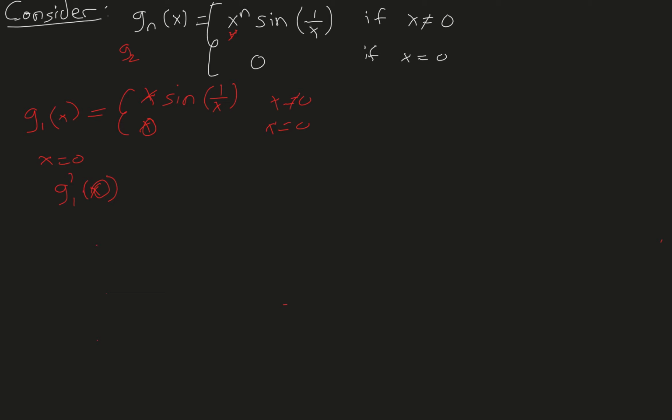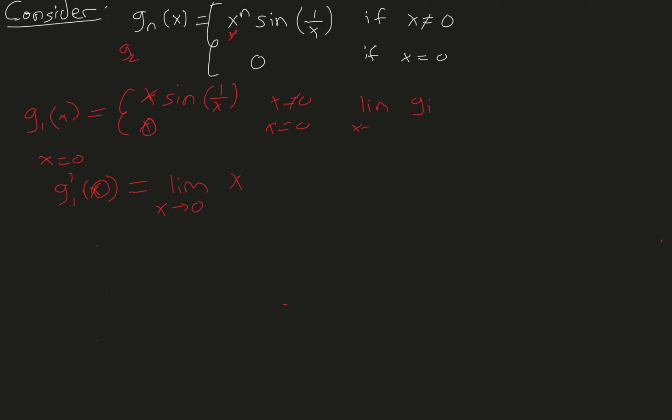So g_1 prime at 0 is simply the limit as x approaches 0 of g_1 of x minus g_1 of 0 over x minus 0. Remember, I'll quickly do the definition again.